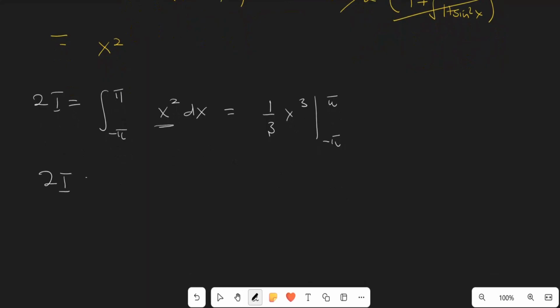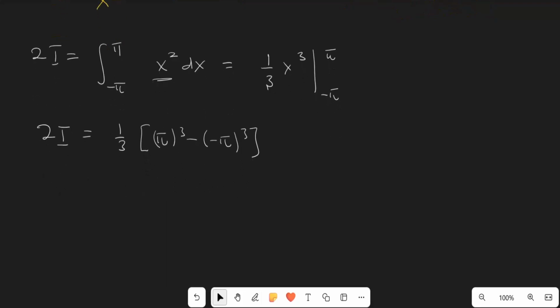So 2I is going to be 1/3, and then pi to the third minus negative pi to the third. So that is going to be 1/3 pi to the third plus pi to the third, because this one is negative pi to the third, so that will cancel with the negative. That's going to give you plus.